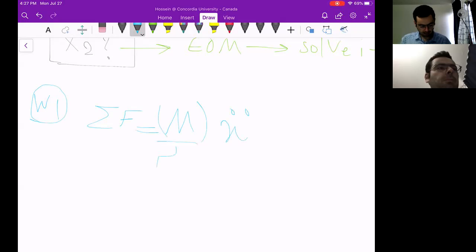M consists of non-rotating mass and rotating mass.